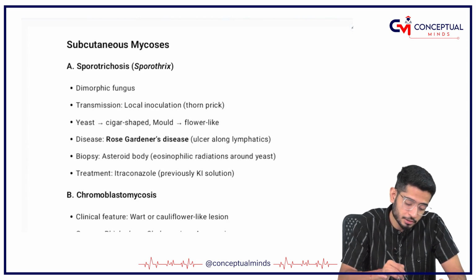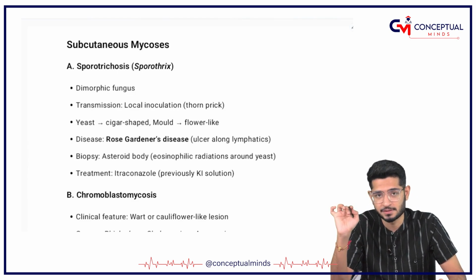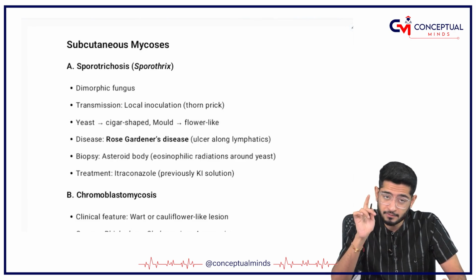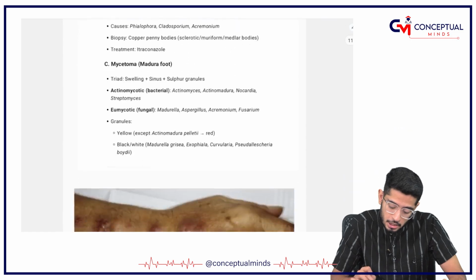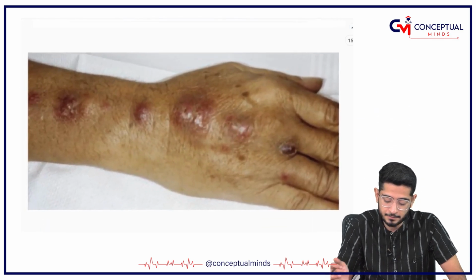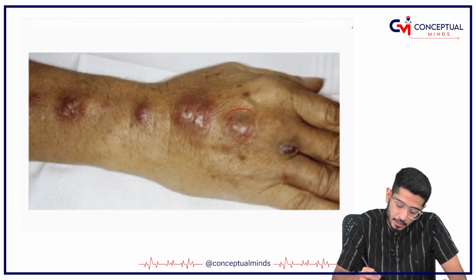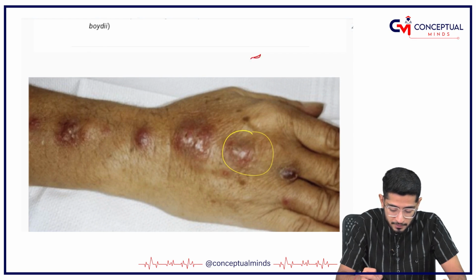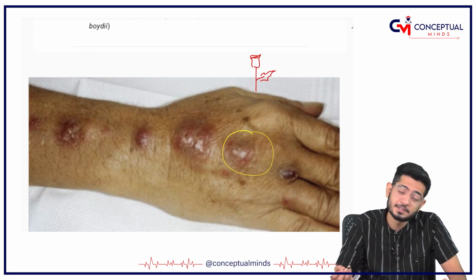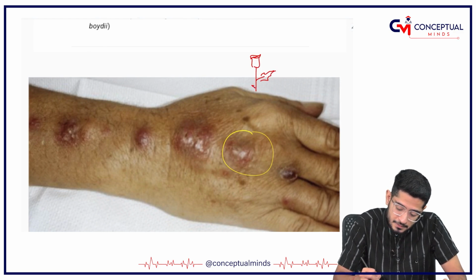So coming on to the subcutaneous mycosis. The first one is Sporotrichosis, also called Sporothrix. Before I even tell you, see here, what has happened is a thorn prick injury. The beautiful flower which every girl loves is the rose, and the rose has got thorns.